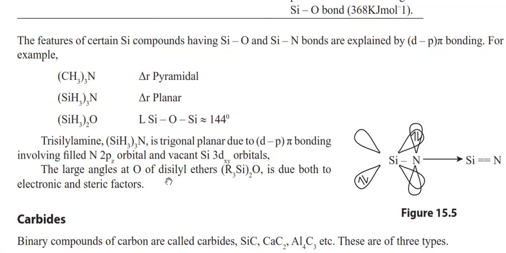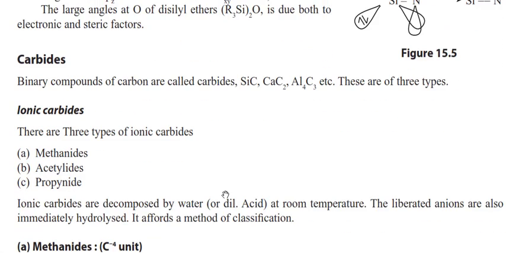Whereas the large angle at oxygen of disilyl ether is due to both electronic and steric factors. So there is a little bit of steric hindrance due to the presence of methyl groups.